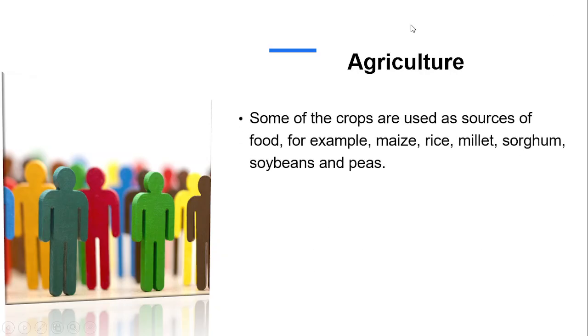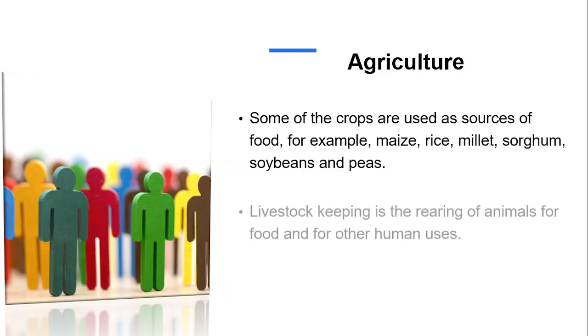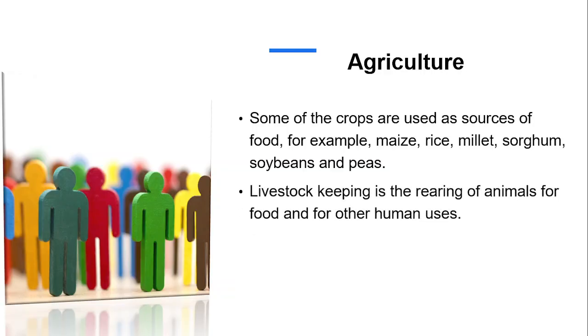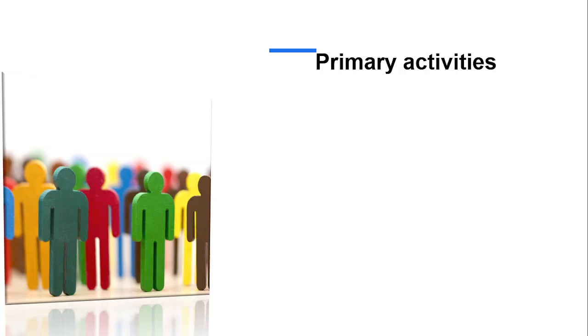Some of the crops that are used as sources of food are, for example, maize, rice, millet, sorghum, soybeans, and peas. Now, livestock keeping is the rearing of animals for food and for other human uses. So it's the other part of agriculture.